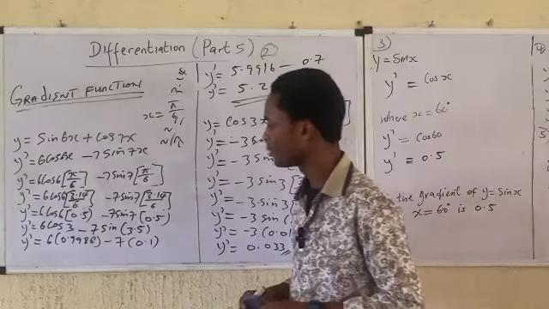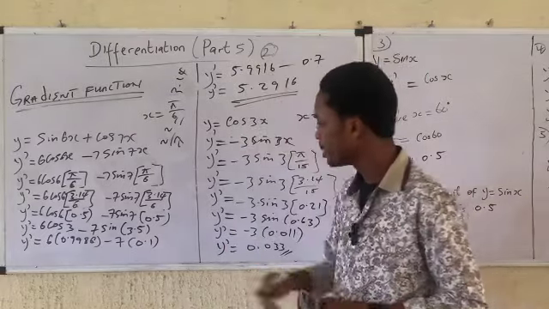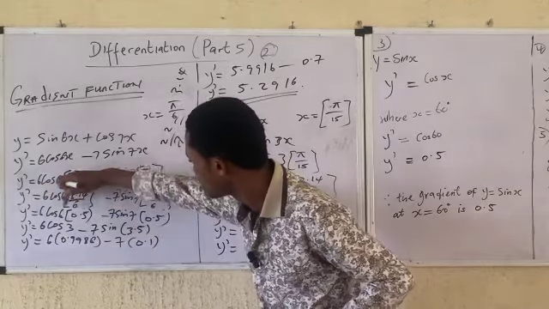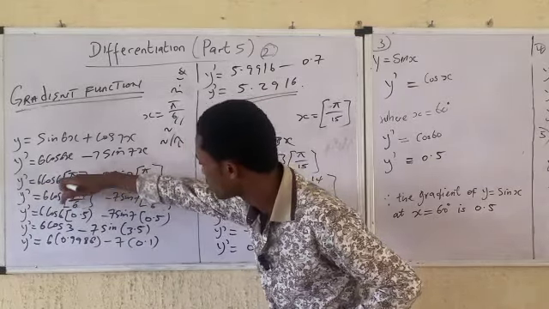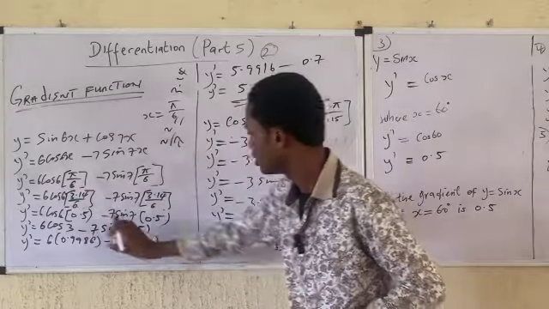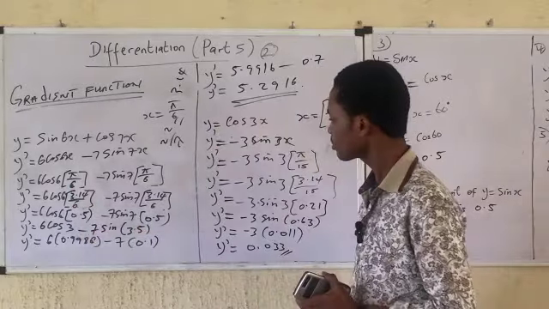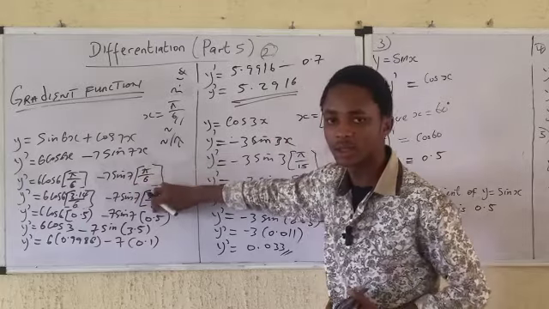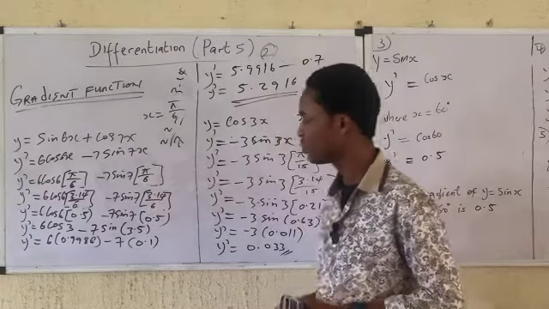Now, y prime equals 6 cos. We use the 6 to multiply this, so 6 times 0.5 gives 3. Minus 7 sin, we use 7 to multiply this 0.5, which will give us 3.5.